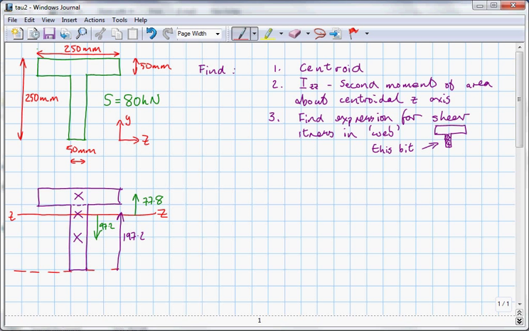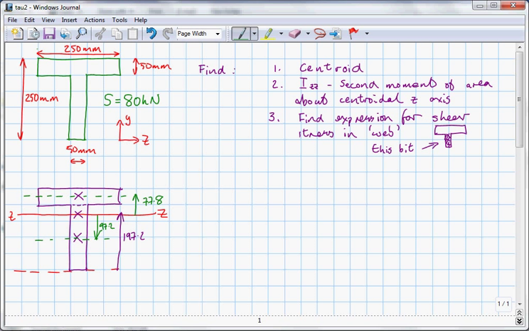The way we're going to do this is using the parallel axis theorem, which states, and it's a bit of a mouthful, that if we know the second moment of area of some components of the total shape about axes which are parallel to the one we're interested in, then we can figure out the whole second moment of area by adding together each of the individual second moments of area plus some extra terms which take account of the fact that the axes aren't on top of one another, for the sake of not being able to think of a better way of saying it.